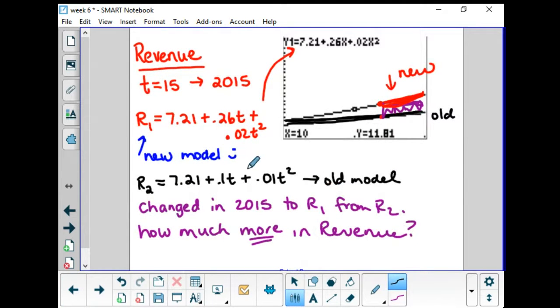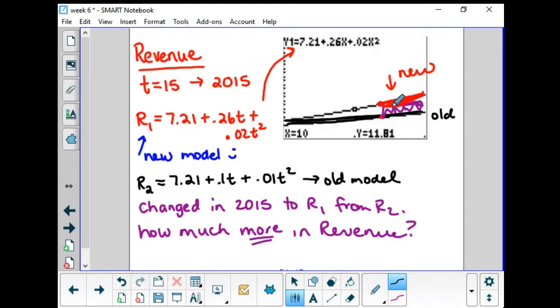Depending on what our functions represent, this calculation of the difference in the two can take on lots of different meanings. Additional revenue, additional cost, saved costs, surplus in money.